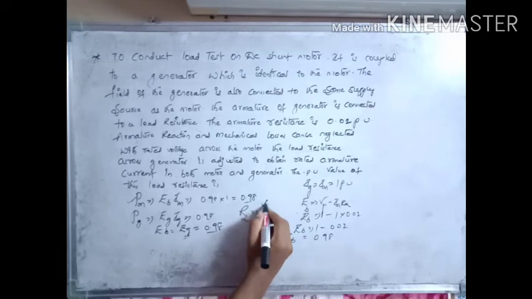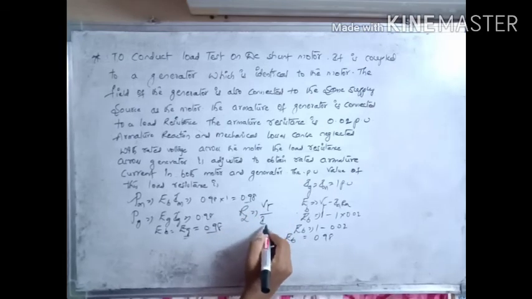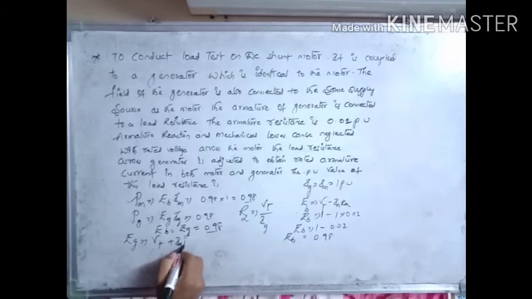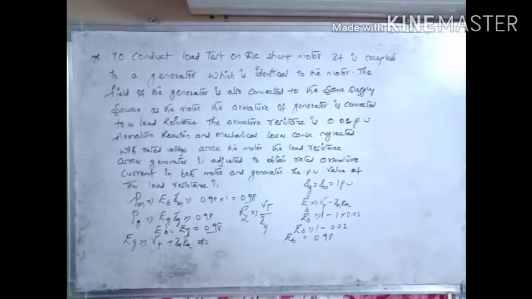We need the terminal voltage Vt divided by Ig, the generator current. But here we have only the generator voltage, Eg. From this, Eg equals Vt plus IaRa, the formula for a generator.